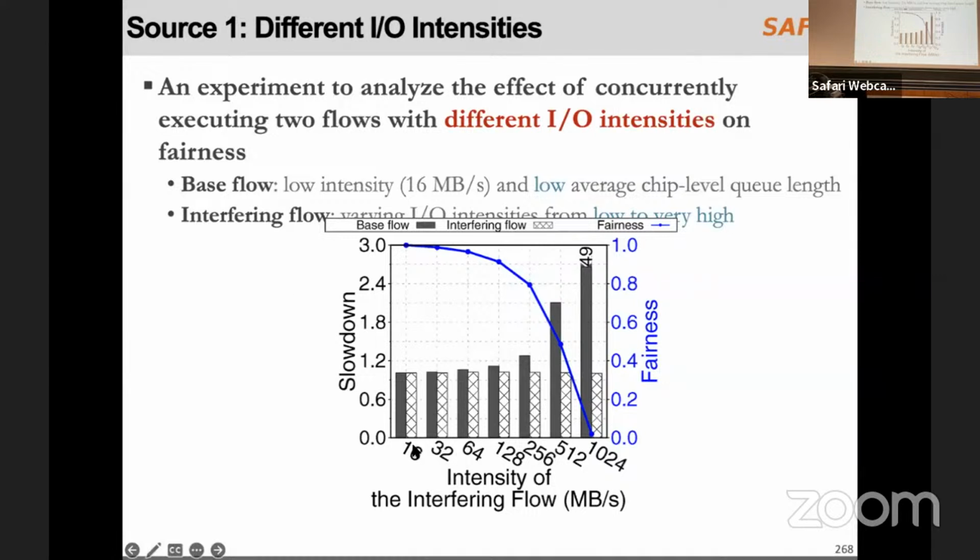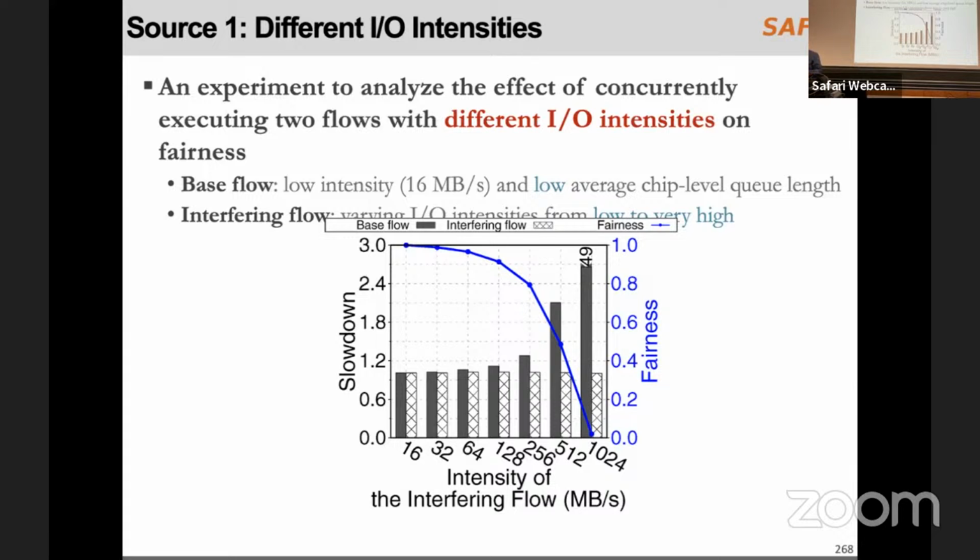But as soon as we increase the intensity of the interfering application, the base flow experiences a lot of slowdown, and that causes unfairness. You can see this in the blue plot, which is the unfairness plot, where unfairness grows as we increase the intensity.